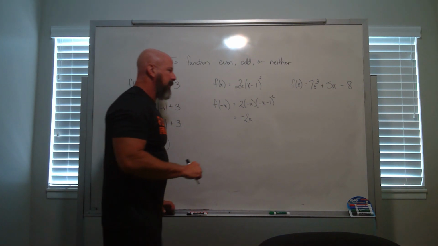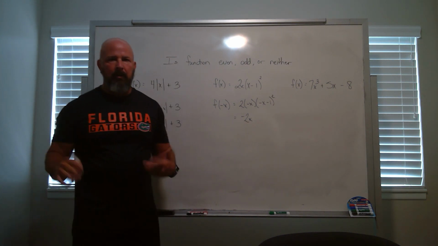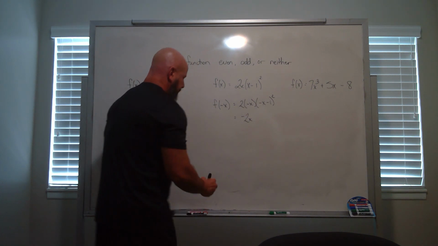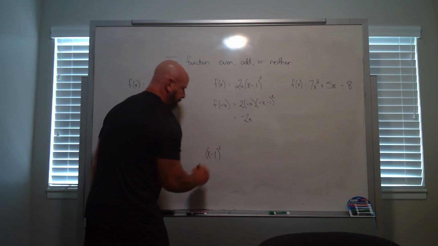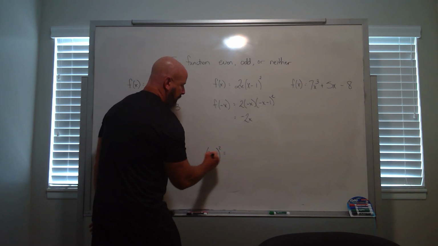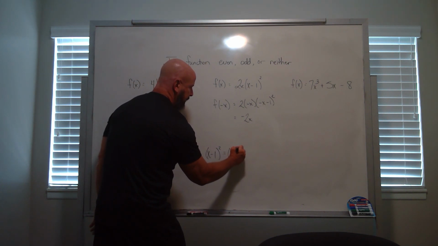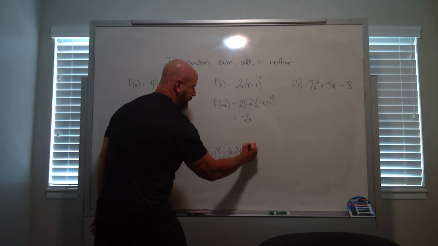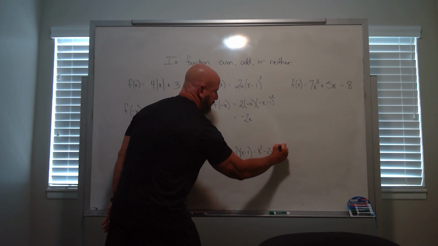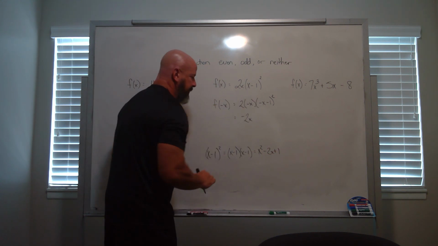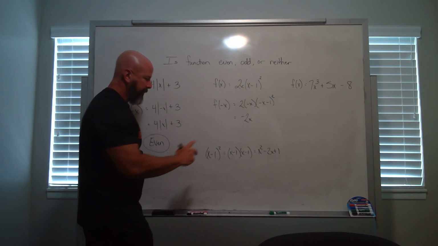Well, let's take a look here. Sometimes it would be helpful to multiply things out. So I'm going to go right here at the bottom. If I had x minus 1 squared, if I multiply this out, that's x minus 1 times x minus 1, which would be x squared minus 2x plus 1. That's what the original one had in that spot.